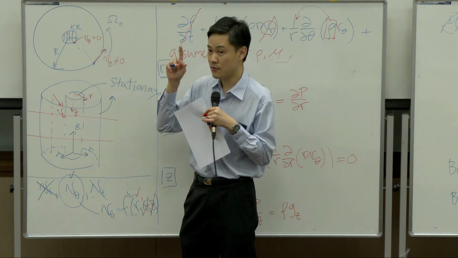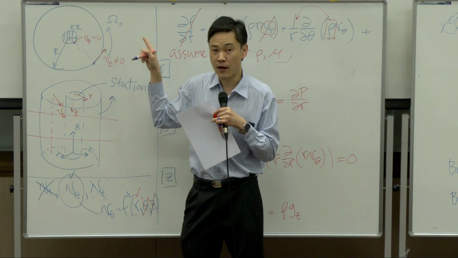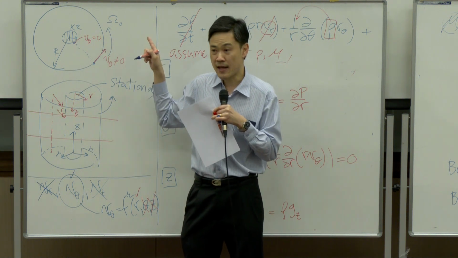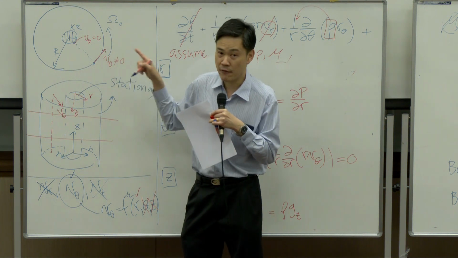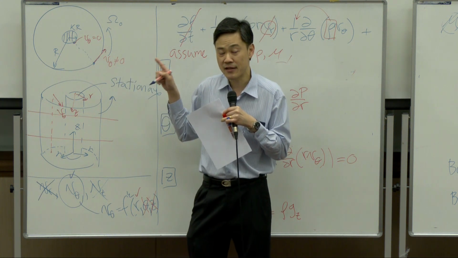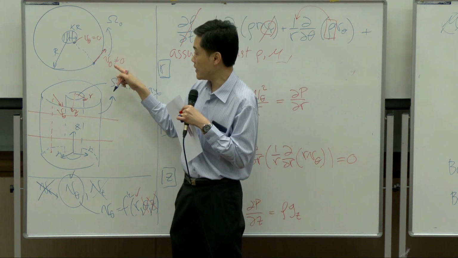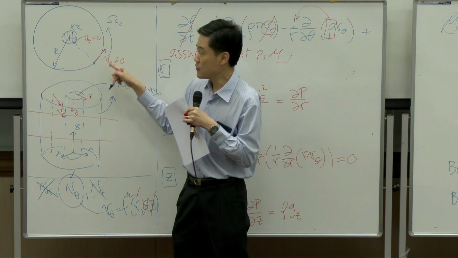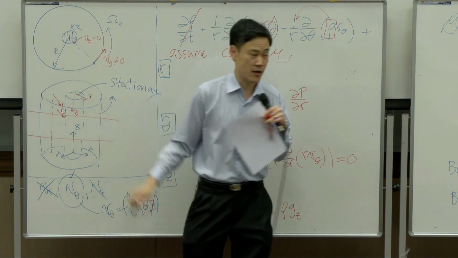Now, don't be confused. This omega 0 is angular velocity. But this v theta is linear velocity. They are not the same. In order to convert angular velocity into linear velocity, you just multiply by the arm distance. Okay?